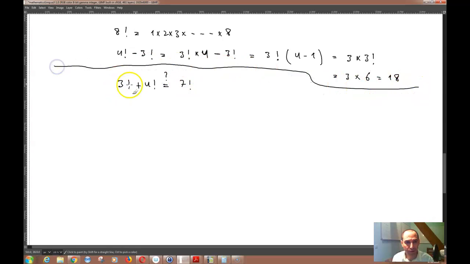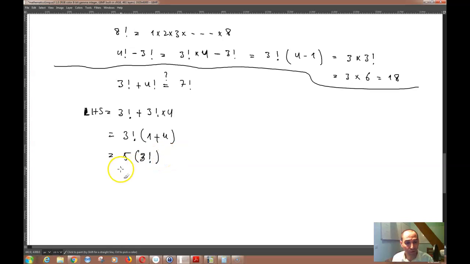So you can write your LHS as 3 factorial plus 3 factorial times 4, which is equal to 3 factorial times 1 plus 4, which is the same thing as 5 times 3 factorial, which is equal to 5 times 6, which is equal to 30.